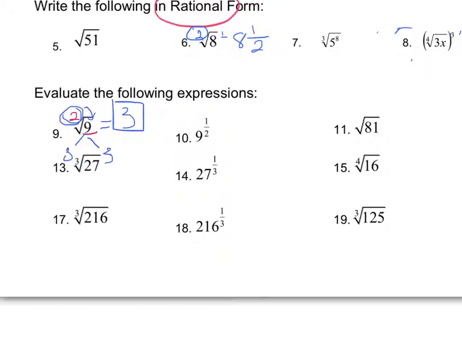When it comes to a number with a fraction that has the same coefficient, it's going to equal the same answer as this one. So it's going to equal 3. Because this one is the same as this one, but this is in rational form.